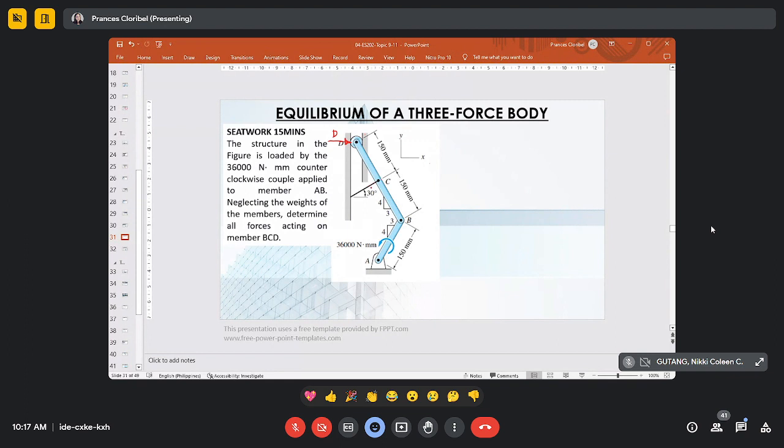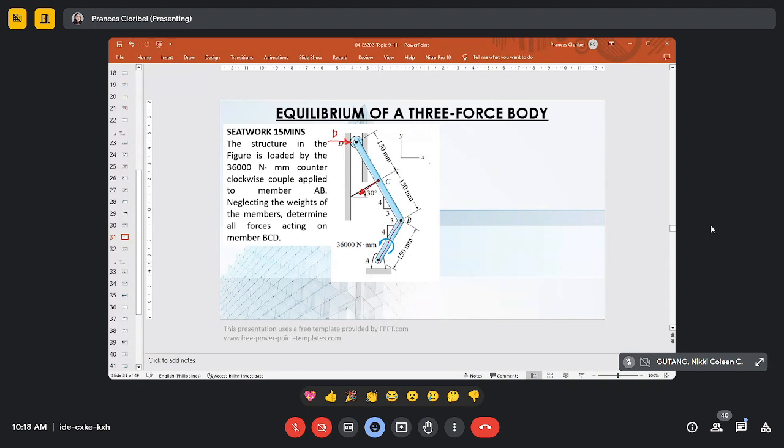Next, at C, we have a tension force at C, away from the point of intersection. Plus, since this is a two-force body, the line of action of our A and B is always along the line AB.